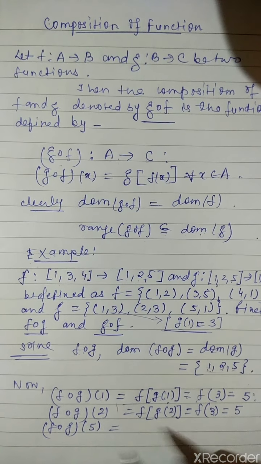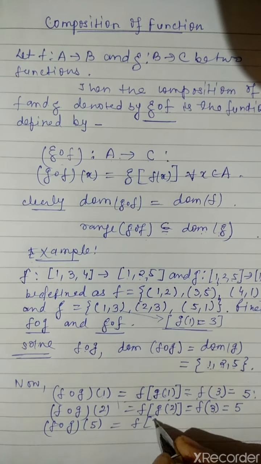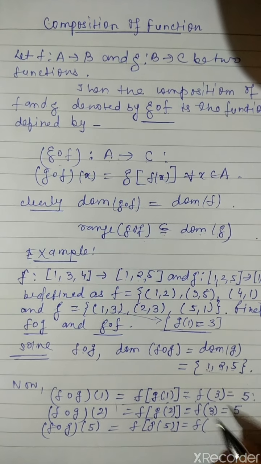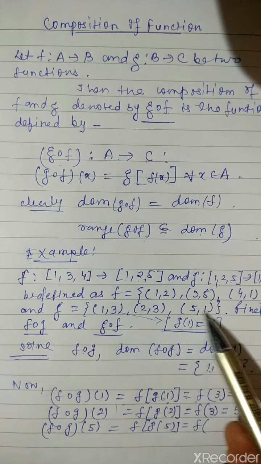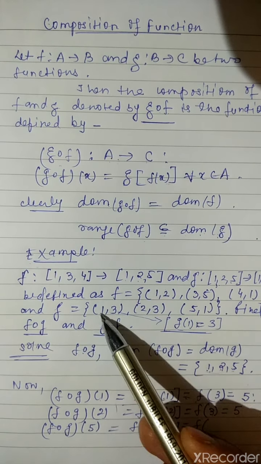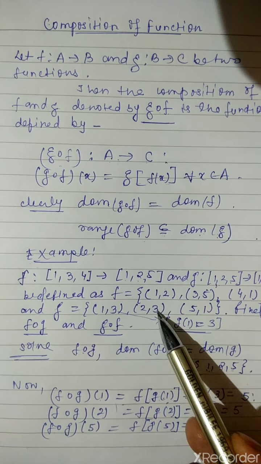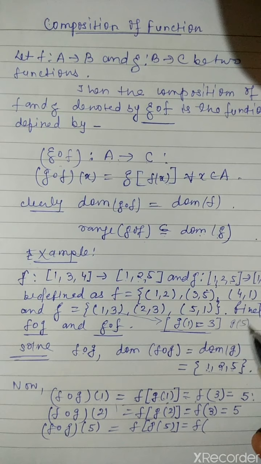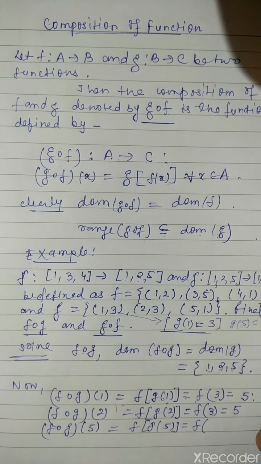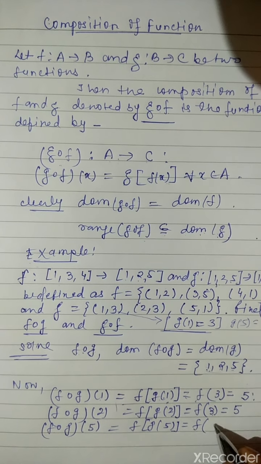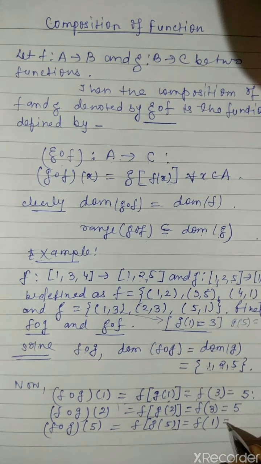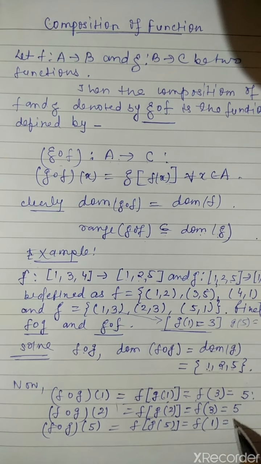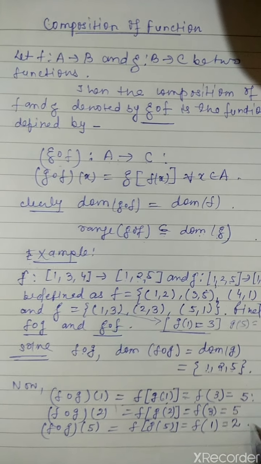So we have F of G of 5. Now look at G: (1,3), (2,3), (5,1). That means G of 5 is equal to 1. And F of 1 is 2. So here we write 2.